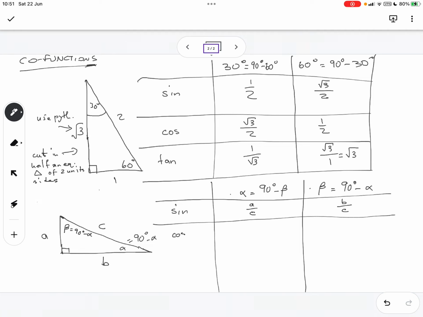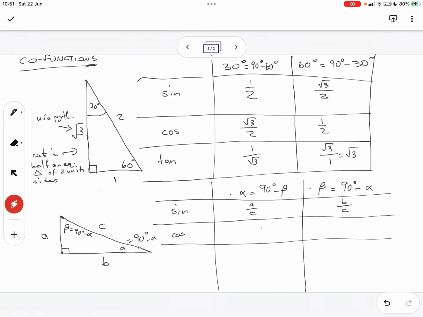Then we look at cos. For cos, we do the same. If we look at the angle alpha, cos alpha will be adjacent over hypotenuse. Which side is adjacent to angle alpha?